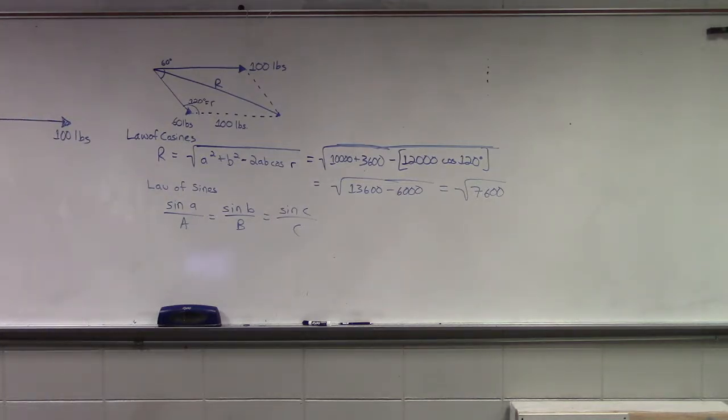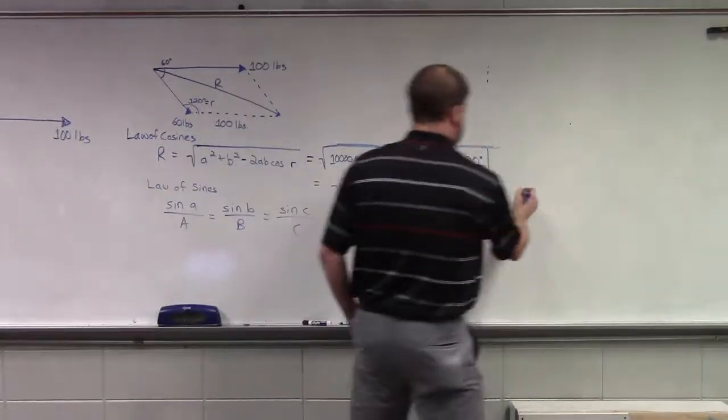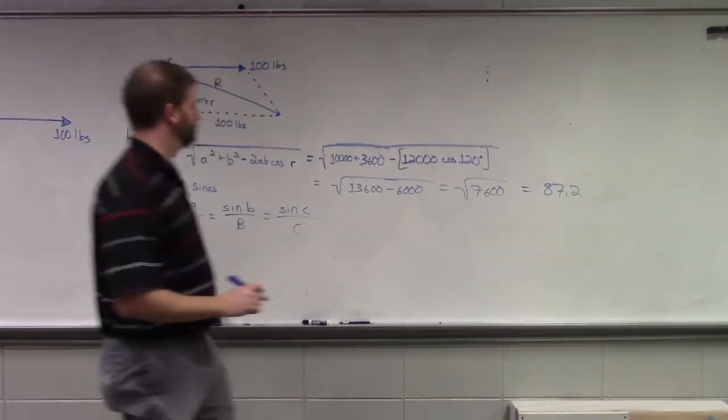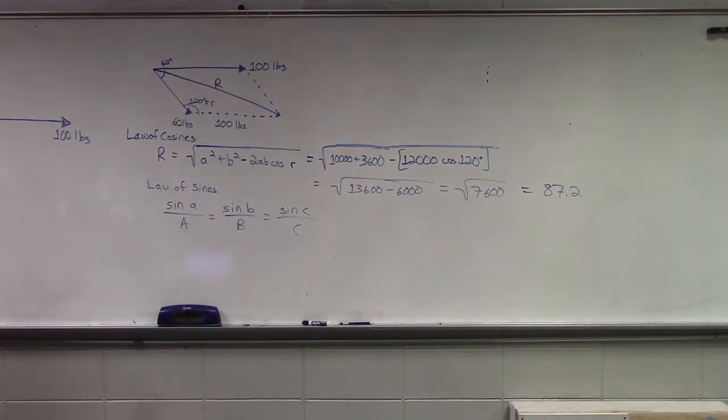So that's 87, roughly, 87.17797887. Is that what you got? 87, yeah.